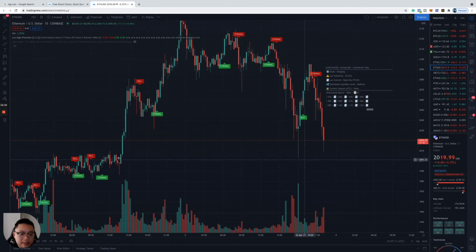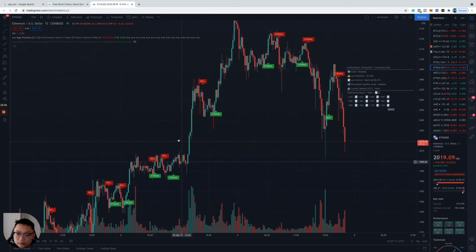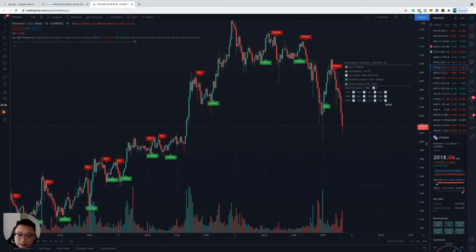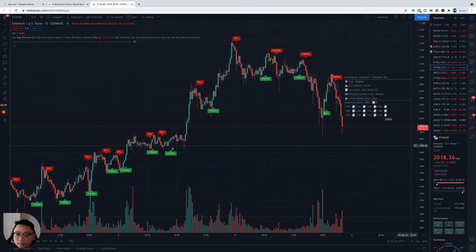So the next destination would be here, okay, at 2000, which is very much possible right now. To be honest, if you guys are looking, you can see, right? Next point of resistance would be 2000, which I don't mind getting at 2000, or even now.